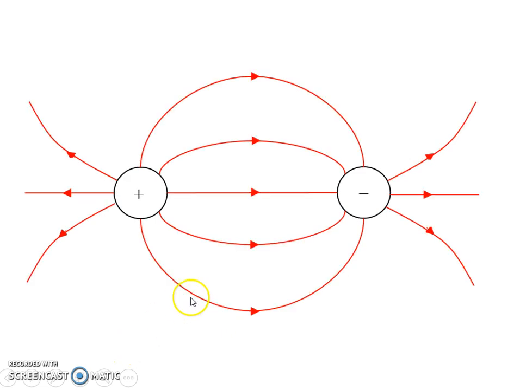This line doesn't get interfered with and goes straight to the negative. But this one, instead of going out, gets attracted, so it will be diverted back down. This one is also diverted back down, such that they join together. The ones further away won't be distracted so much.